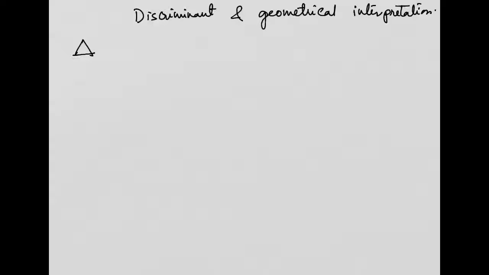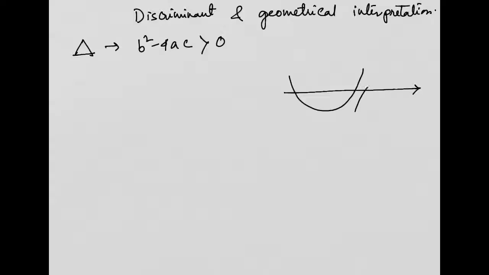Wherever this delta, or b square minus 4ac, is greater than 0, and a is positive or negative whatever, then if this is the x axis, the parabola definitely intersects the x axis at 2 points. It depends on a: if a is greater than 0, it would be concave up, and if a is less than 0, the parabola would be concave down. So, this is my first case.